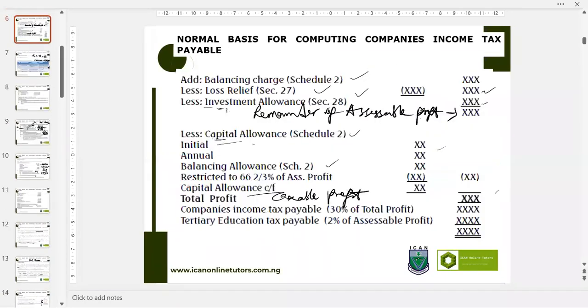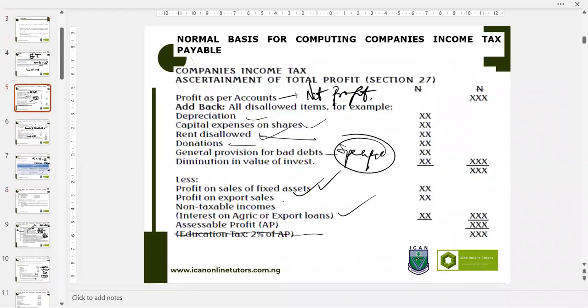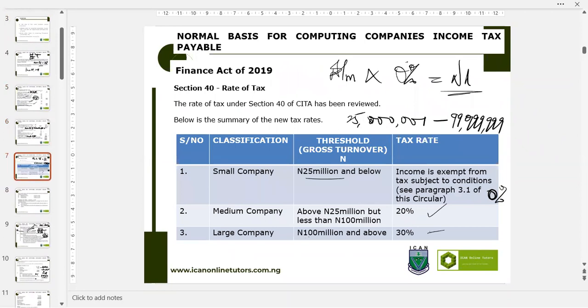But the thing there now is that they are exempted from paying tax, okay? But there are conditions to this. So without prejudice to this exemption, the small company shall comply with the registration and tax return filing stipulations of this act.